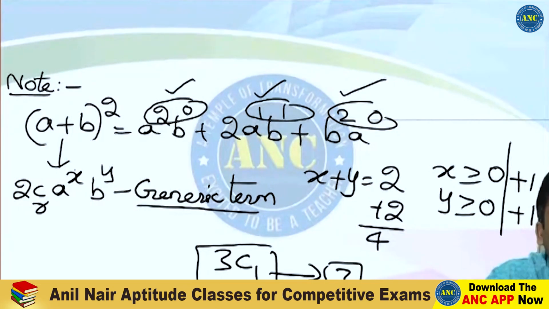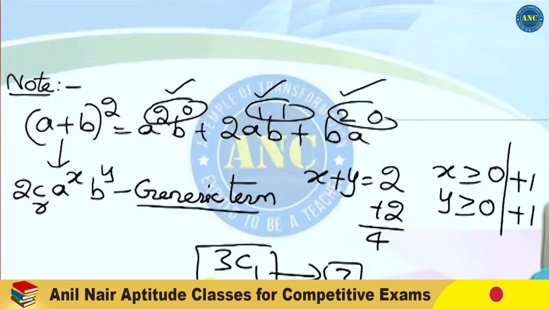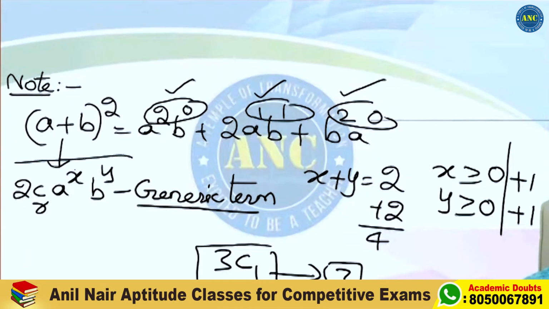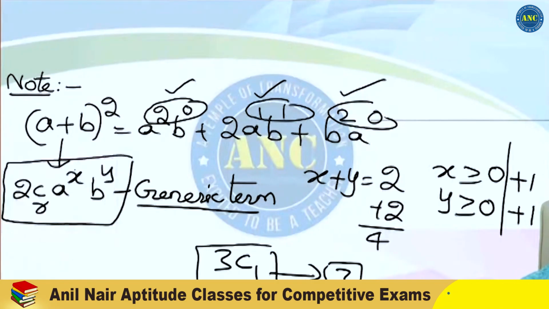How many terms are there for A plus B whole square? 3 terms are there. Very interesting concept, sir. A plus B whole square is A square B power 0, 2A power 1 B power 1, B square A power 0. So the generic term is 2CR A power X B power Y. Powers can take 0.